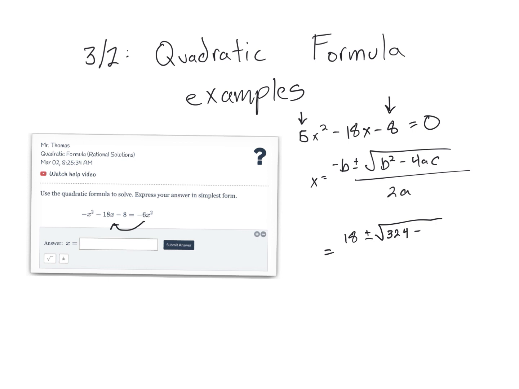Okay, so I did 4 times a times c, and I got negative 160. So minus negative 160, all over 2a. Well, a is 5, so 2 times 5 is 10. Once we calculate that, we have our two answers for the solution for x.